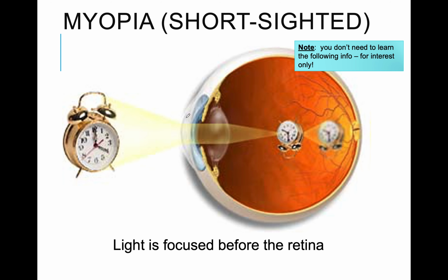So there is a greater refraction here. The lens is unable to compensate for that and will continue to refract that light, producing a focal point well before the retina. So there is too much convergence with myopia due to the shape of the cornea.